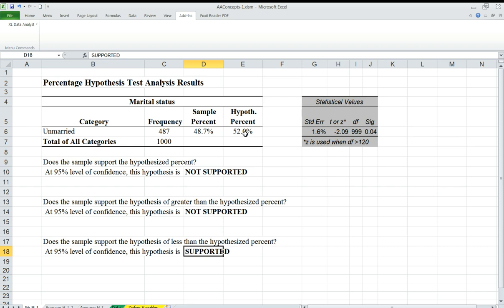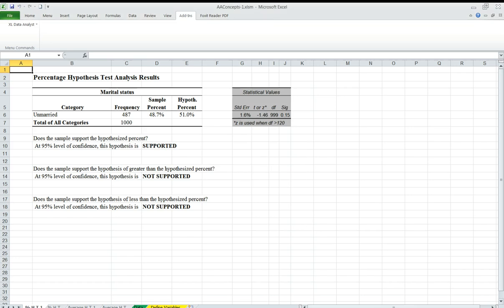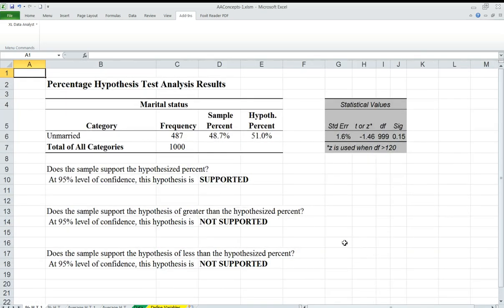Well, let's play a little bit with this result. I have the feeling that if I select 50% here, I'm not going to get significance. So I go back and perform the test again. I still want to compare the proportion of unmarried people, but this time let's compare it to 51.